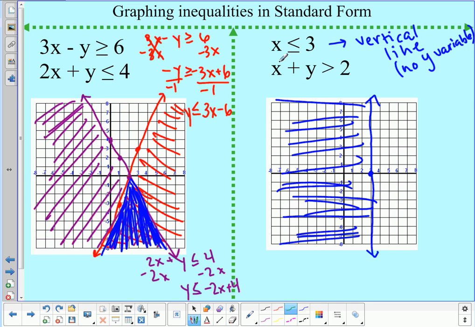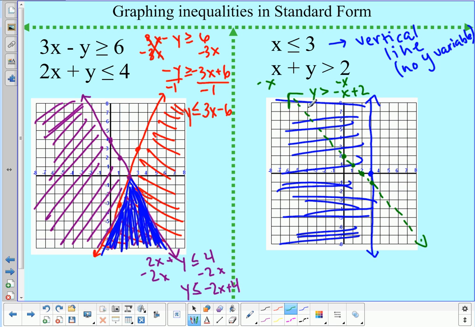So then let's do the other one. In the other one, I need to subtract the x term, get y by itself. So I have y is greater than negative x plus 2. I go up to positive 2, and negative 1x means I'm down 1, right 1, down 1, right 1, down 1, right 1. This is a dotted line, like that. And I want to shade above this time.